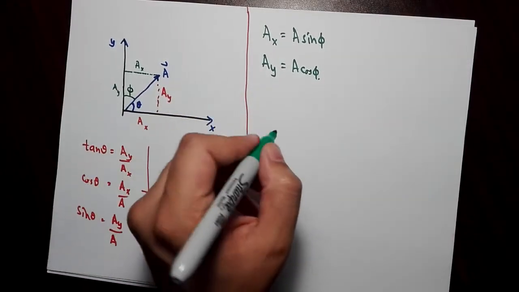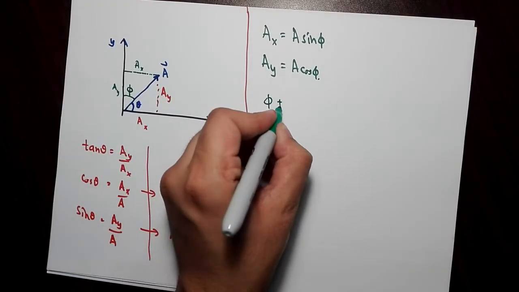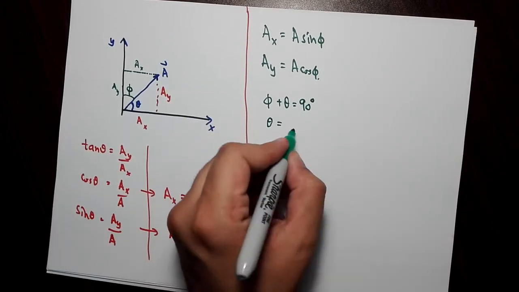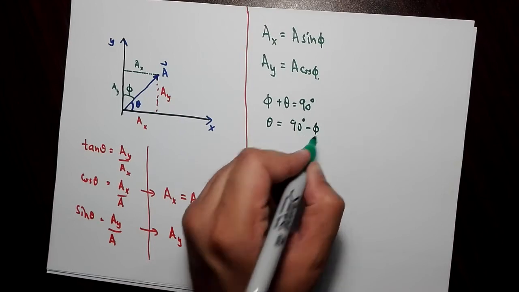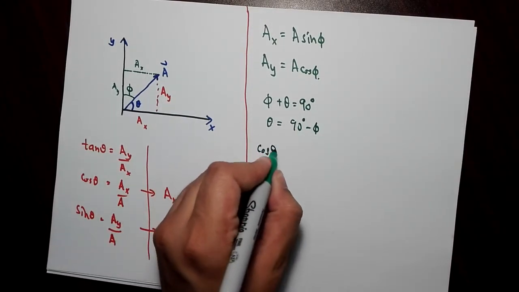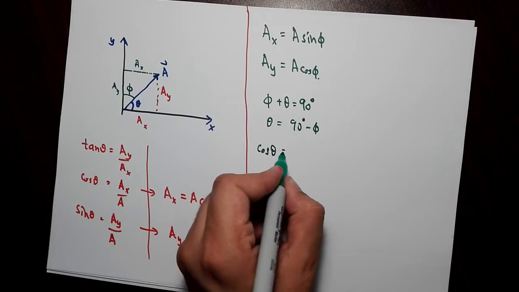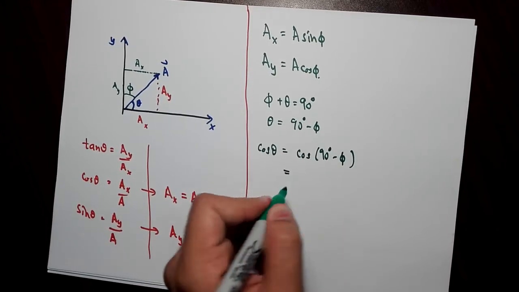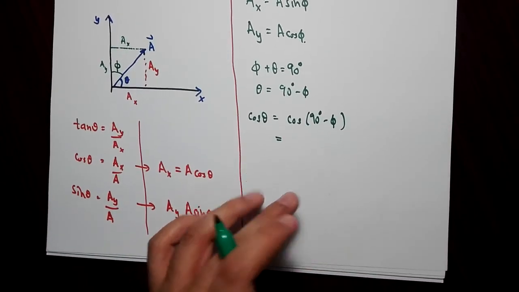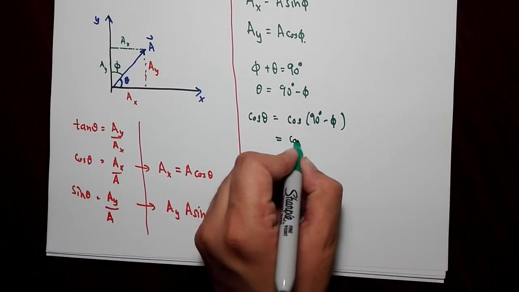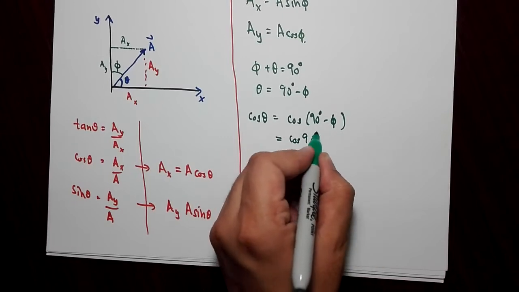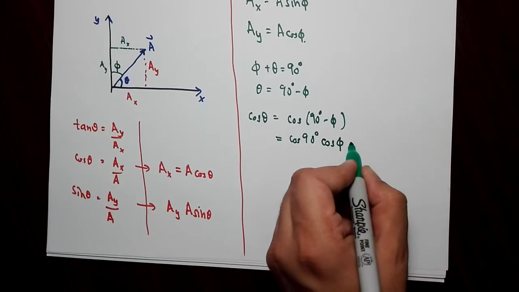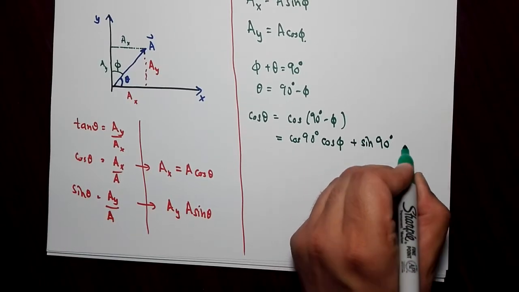Now, since phi plus theta is 90 degrees, theta is 90 degrees minus phi. So cosine theta is equal to cosine of 90 degrees minus phi. If you use the trigonometric relationships, you get cosine 90 cosine phi plus sine 90 sine phi.